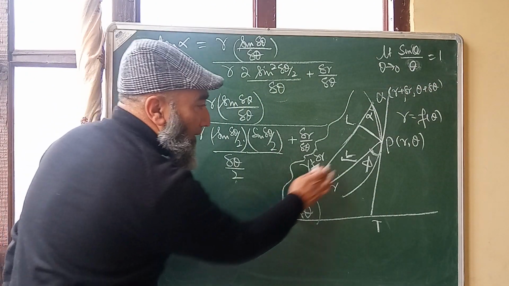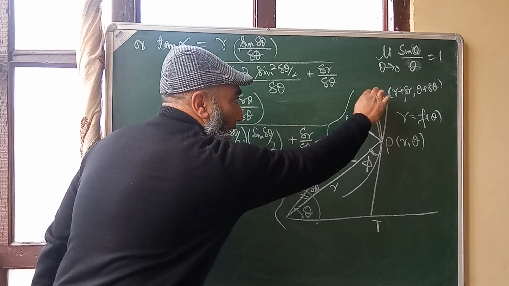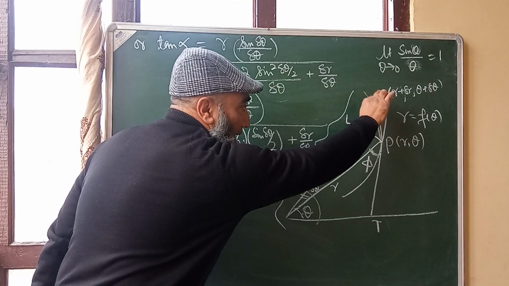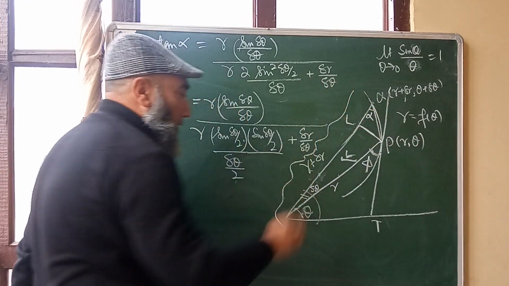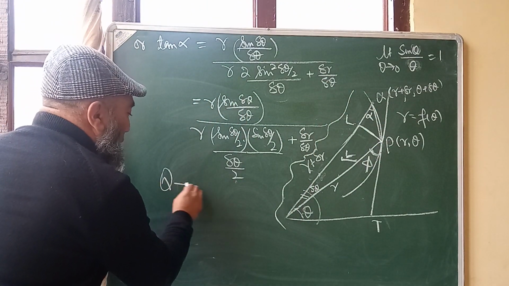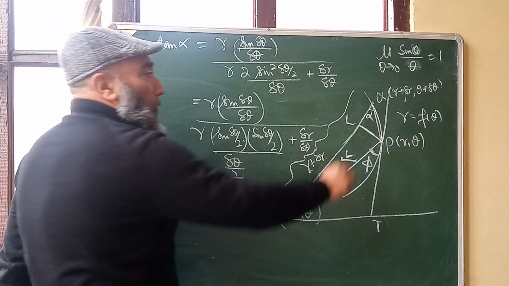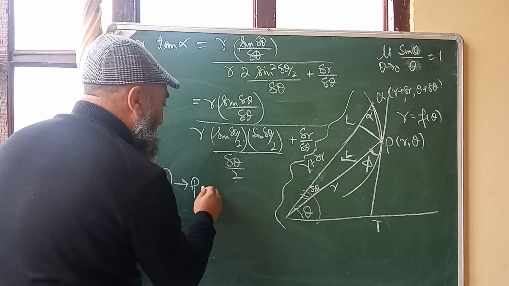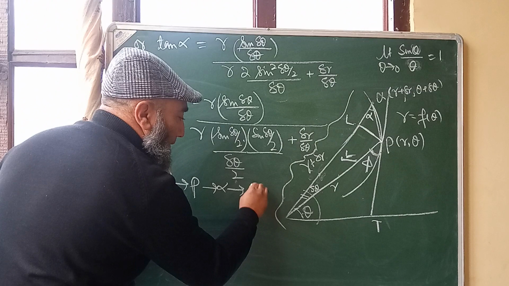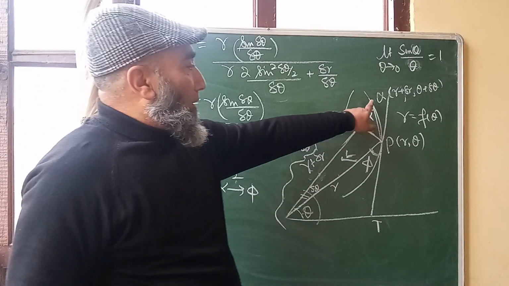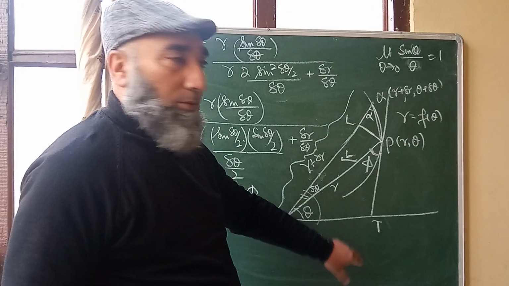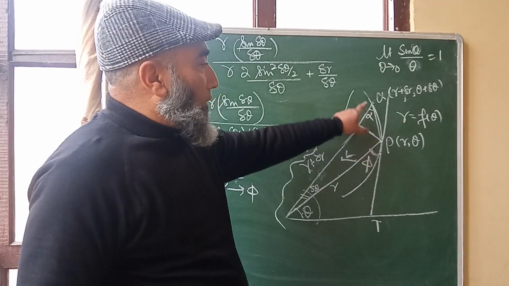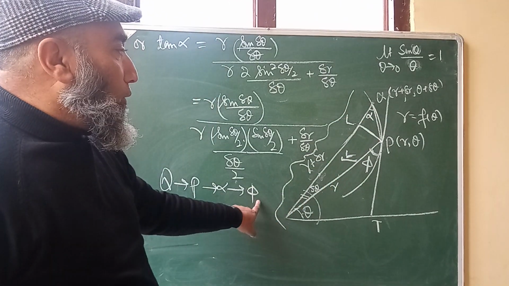In order to find the angle at P, I have to bring Q to P. So taking limits as Q approaches P, alpha will approach phi. See, this is actually the angle between tangent and radius vector. This is in the neighborhood also. That is why this alpha will approach phi.